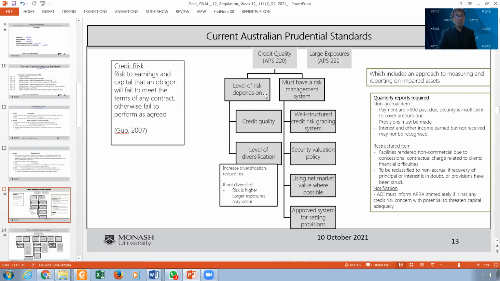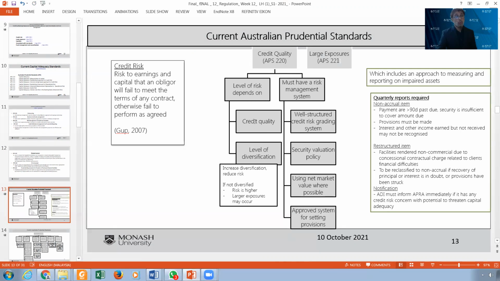And in the credit risk, the regulator wants banks to decrease credit risk as much as they can and control it. So they say you have to have a level of risk, depending on how they see it, on the credit quality and the level of diversification.